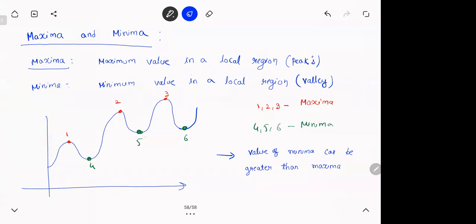For example, look at the value of 5 and 1. 5 is above 1, right? The height of 5 is above the height of 1. So normally when you say maxima and minima, these may not be the maximum and the minimum values, but it doesn't matter for us. Just to give you a brief idea, I'm showing you.